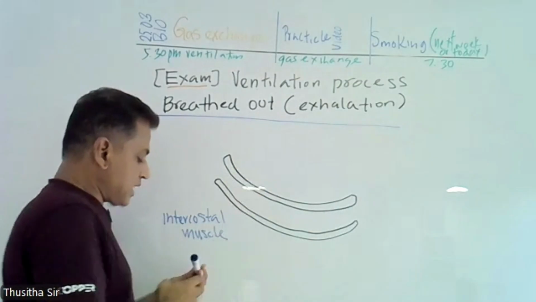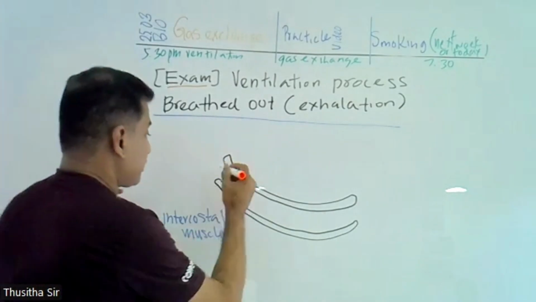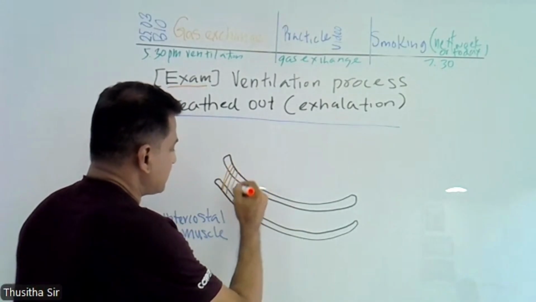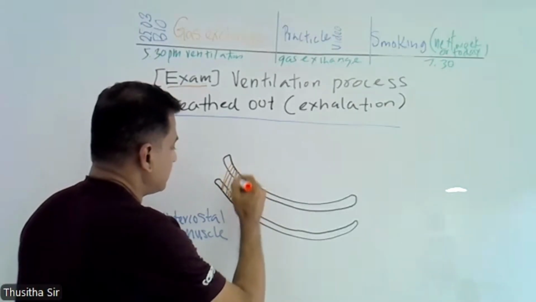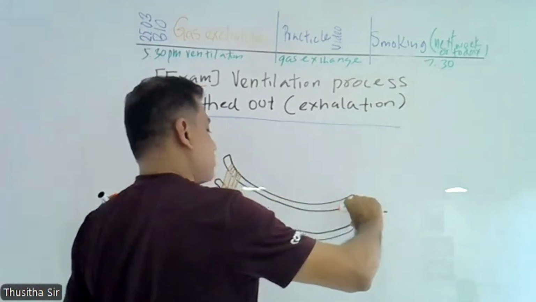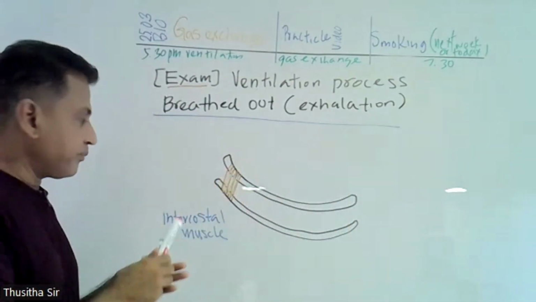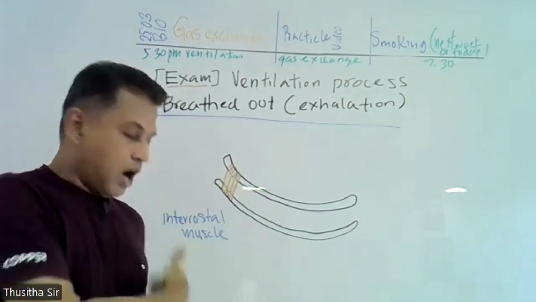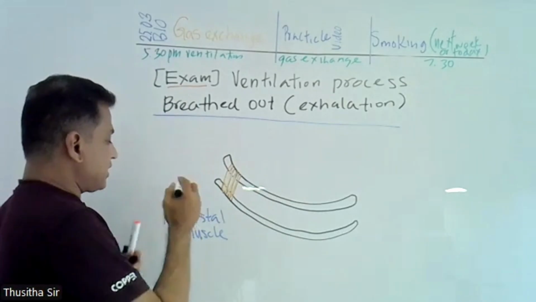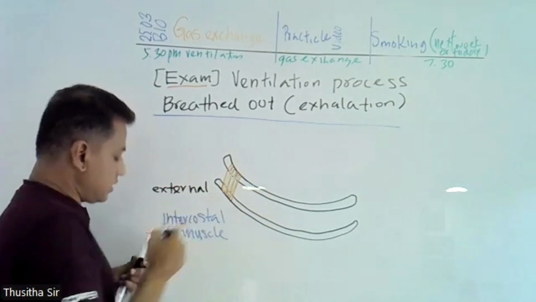If you see the muscles outside, for example, the muscles which I am going to show here outside, only one part, covered from this end to this end. I am showing one end, that is muscles which are outside of the body, that means outside of the rib, which is called external intercostal muscle.